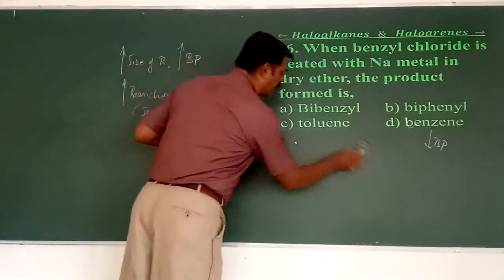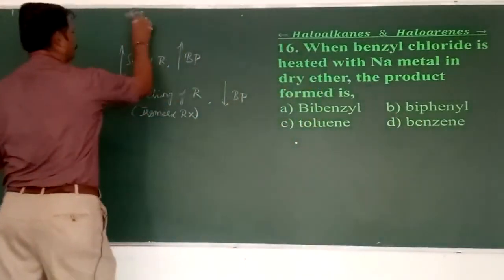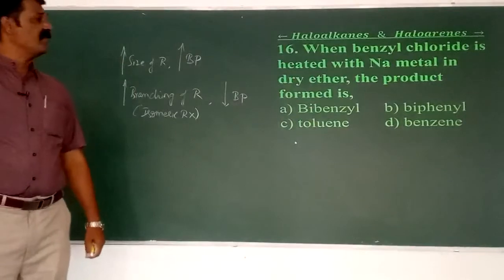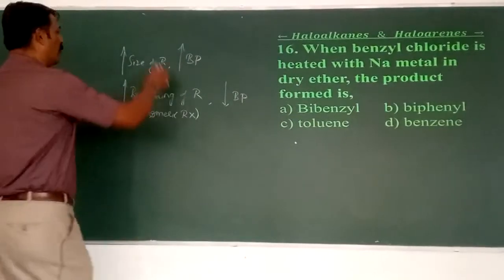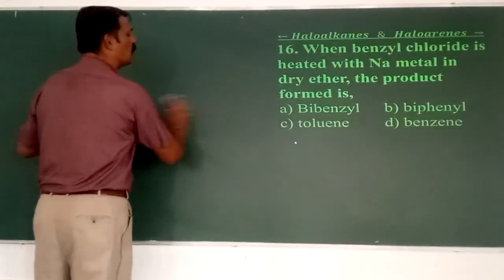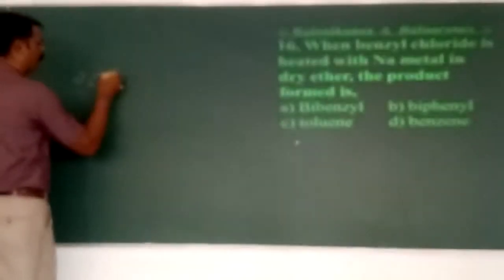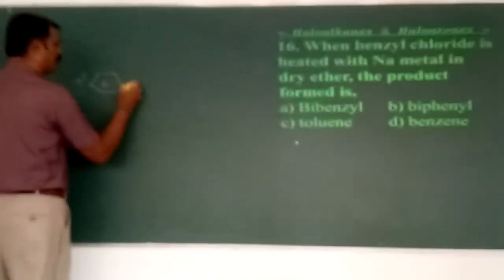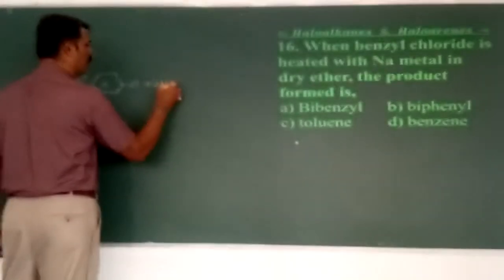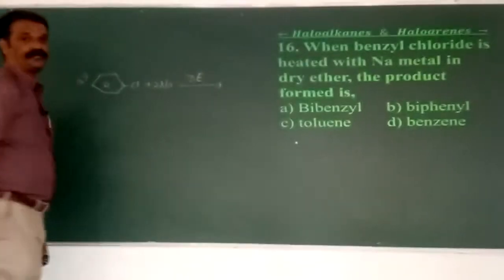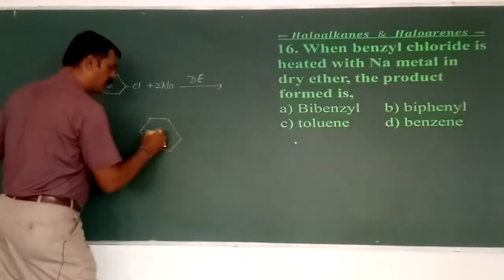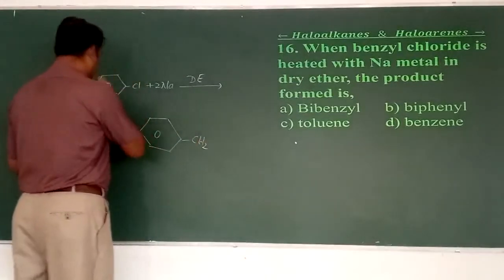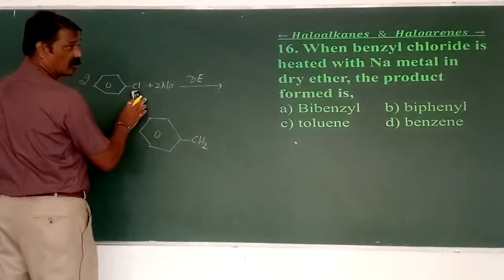Let's have the 16th here. When benzyl chloride is heated with sodium metal in dry ether, the product formed is what? When two molecules of benzyl chloride react with sodium in the presence of dry ether, we get the phenyl group attached to CH2. As we are taking CH2, it is benzyl, not chlorobenzene.